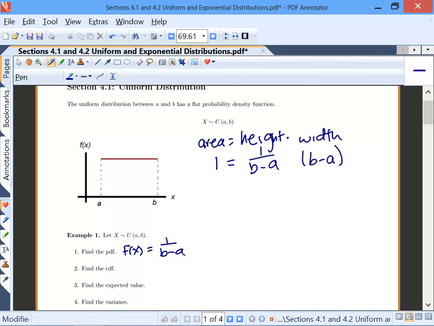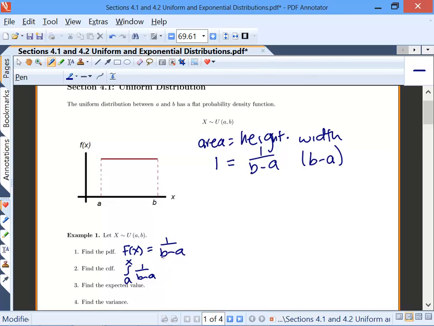Once you know the PDF, we can find all these other things like the CDF. How do we go from PDF to CDF? We integrate. What are my bounds going to be on this integration? If I go from A to B, I'll just get a number out, and I need to have an x in my equation for my CDF. So I'm going to integrate from A to x. We always integrate with our upper bound as x for our CDF. 1 over B minus A. And we're supposed to have a dummy variable like t.